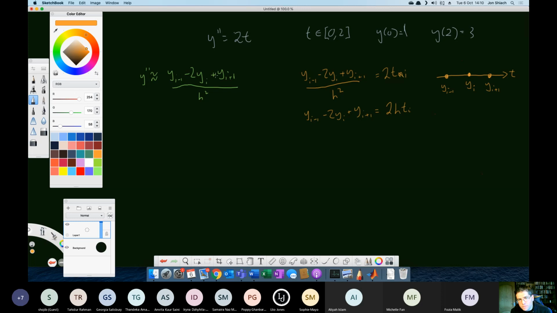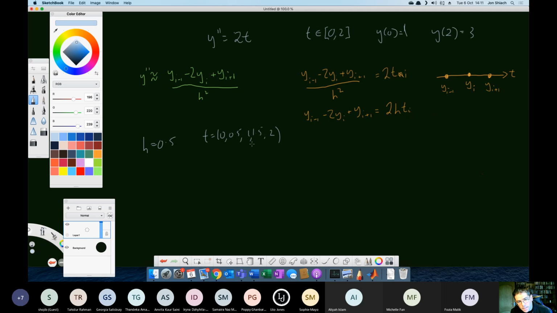Now, in this question, we're asked to use a step length of h equals 0.5. So if I was to write out this system, with h equals 0.5, we know that t is going to have values 0, 0.5, 1, 1.5, and 2. So that's my domain using an h of 0.5. So you can see we have 3 values for which we need to solve.